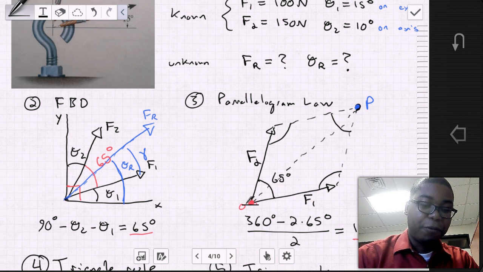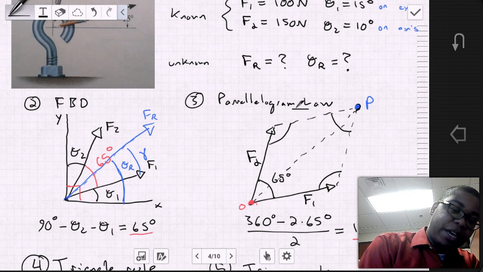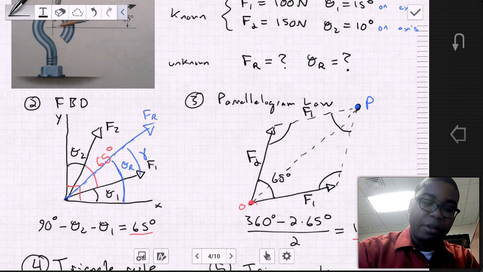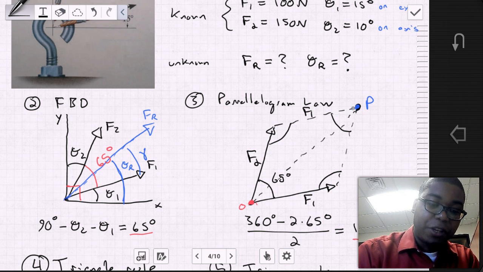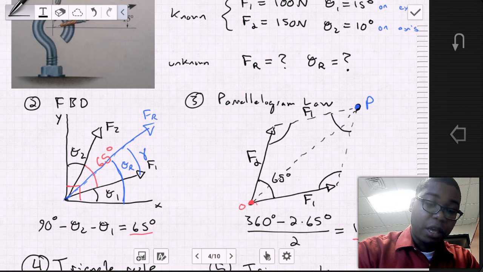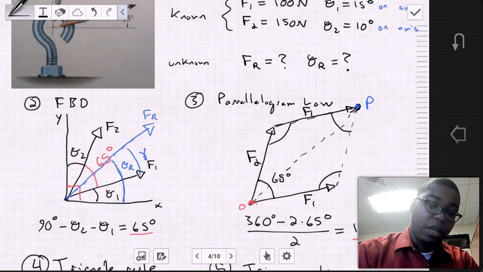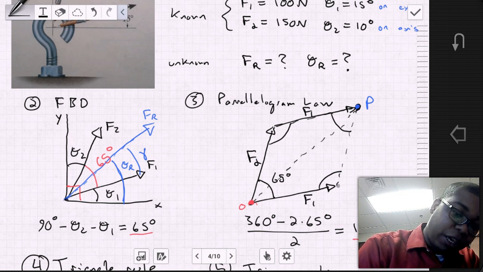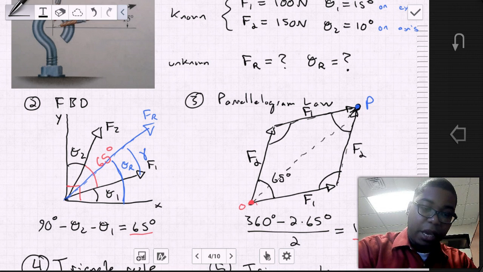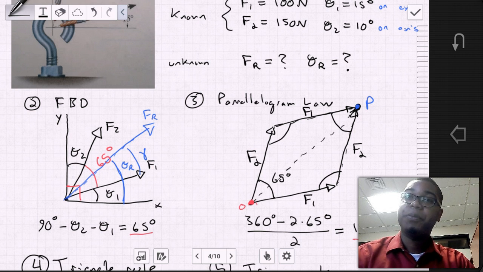So if we have a force vector 1 here, then we know that we can mirror it on the other side of the parallelogram, and it'll have the same direction, right? So we can draw it having that same direction. We can do the same thing for force vector 2, where we can mirror it and project it, and it'll have the same direction and the same arrow.